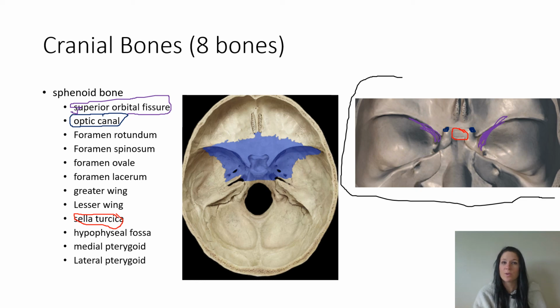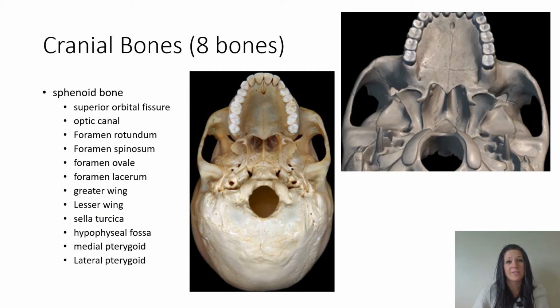Okay, so two more structures of the sphenoid bone, the medial and lateral pterygoid processes, and to see those we have to look at an inferior view. If we look at the inferior view of the skull, this would be the roof of the mouth, and you come all the way to the back.